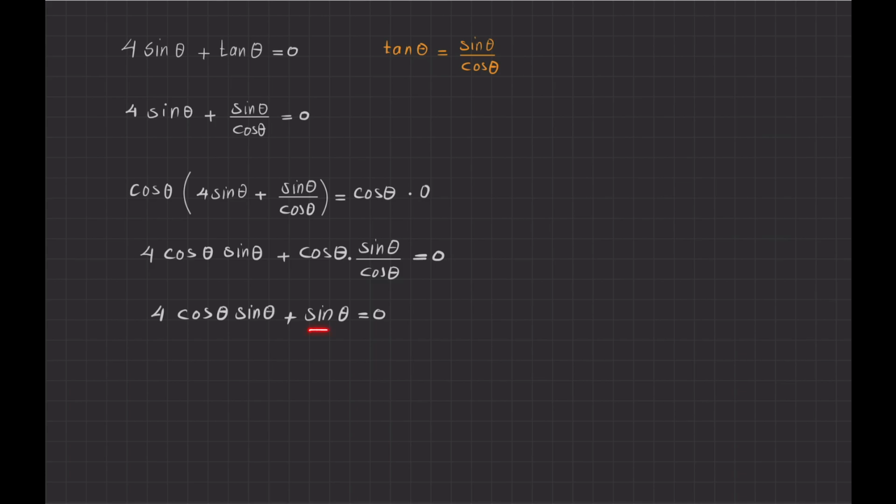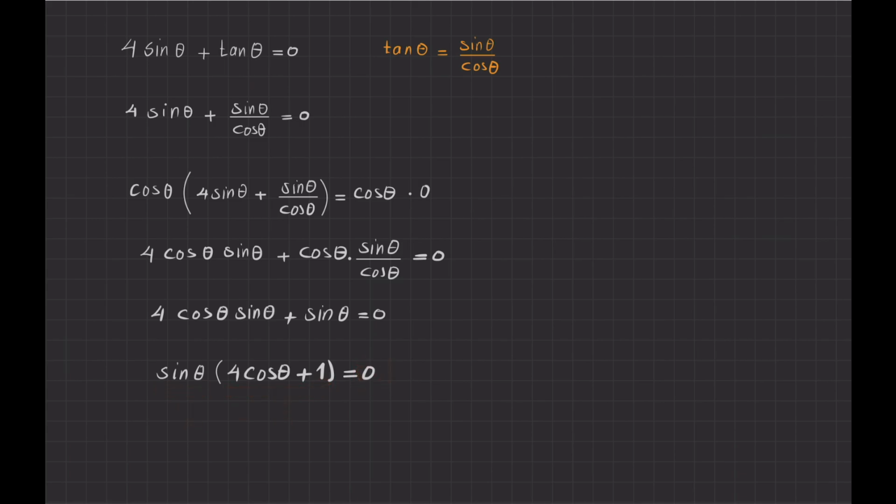But you see that I have a sine theta here and a sine theta there, and on the right hand side I have 0. So this motivates me to factor sine theta out. And now what's happening? I have a number which I don't know, and I have another number which I don't know, but I know that when I multiply them, the answer becomes 0.